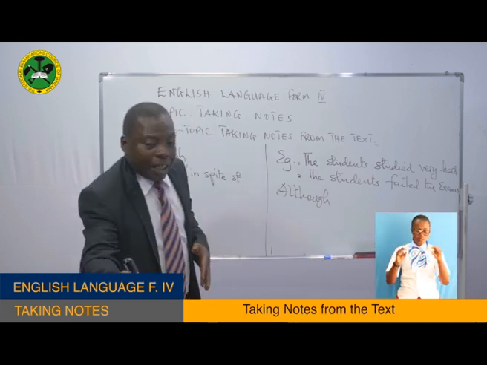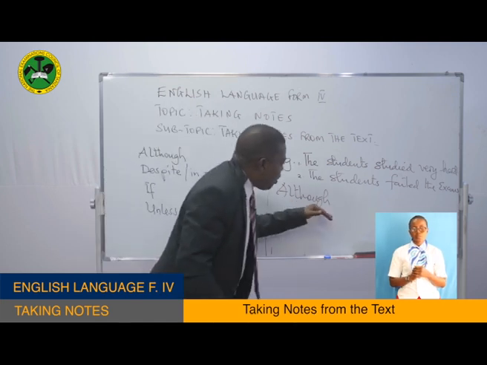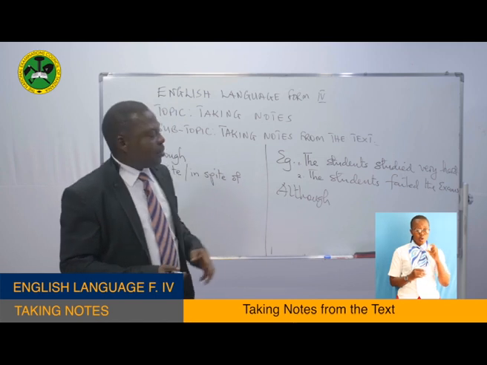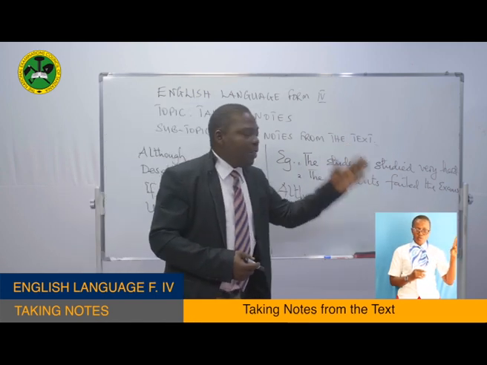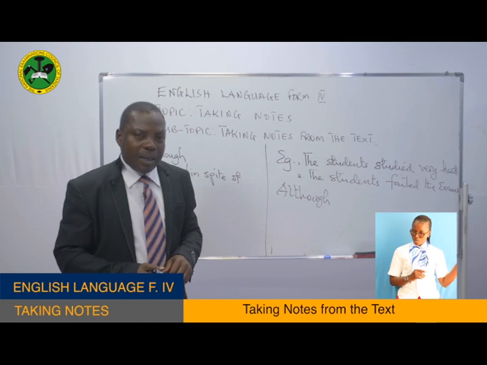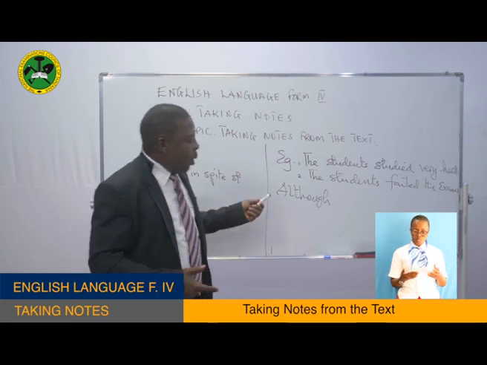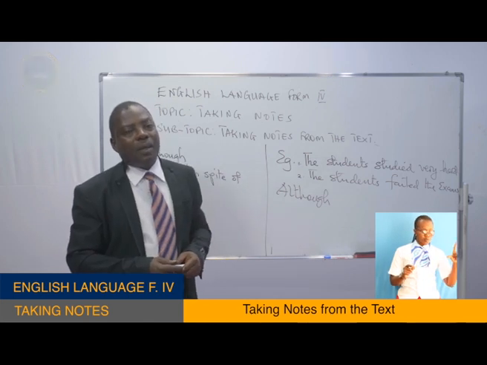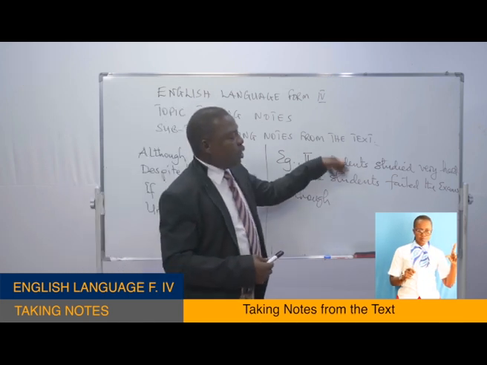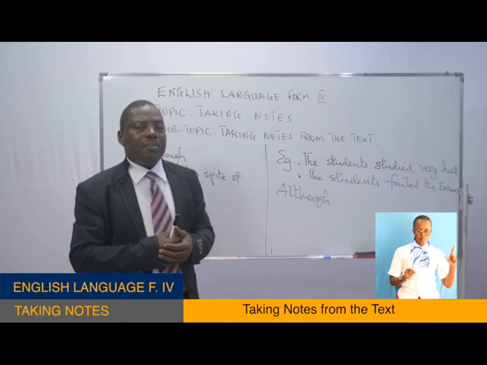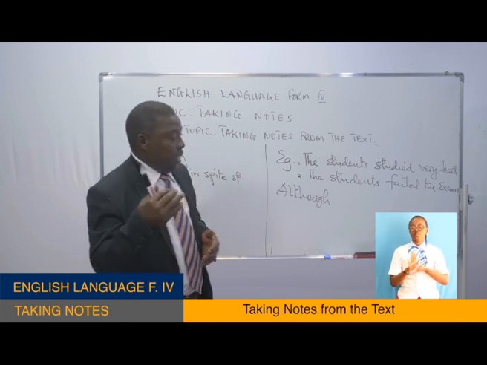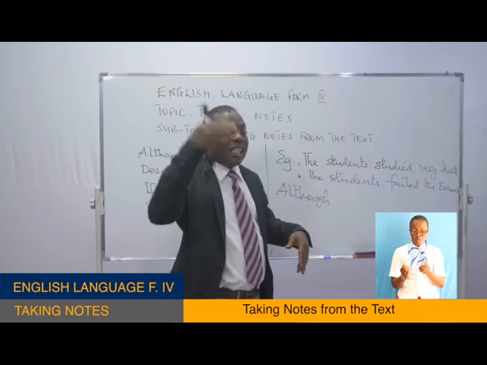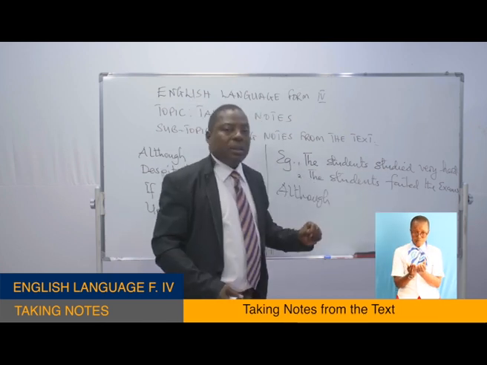If I may write: although the students studied very hard, they failed the exams. So normally, the word although goes with the first event. So you have to ask yourself, out of the two events, which one came first? It is this activity, and the result of which is this one.